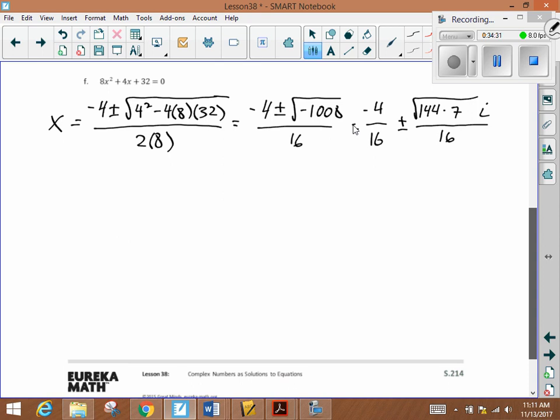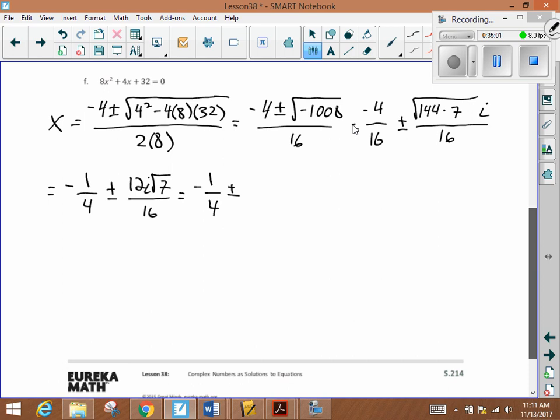And so that is going to be equal to negative 4/16, which is the same thing as negative 1/4, plus or minus, the square root of 144 is 12, so that's going to come out. And then we have times root 7. And actually, we can put our i out there with our 12 now. And that's all divided by 16. So we can simplify that further.